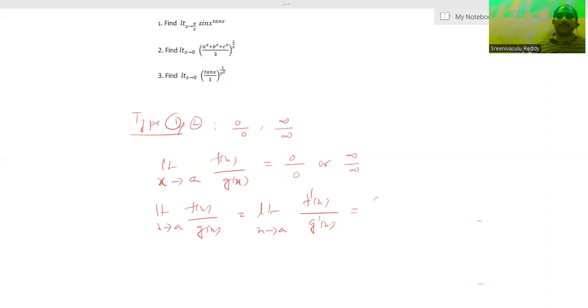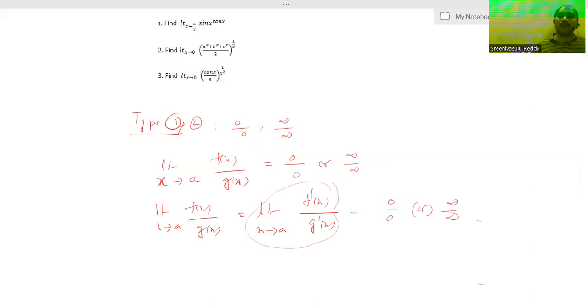If this is also 0 by 0 or infinity by infinity, then take one more derivative. If it is not equal to 0 by 0 or infinity by infinity, that means it is some defined value. At that time we stop here.